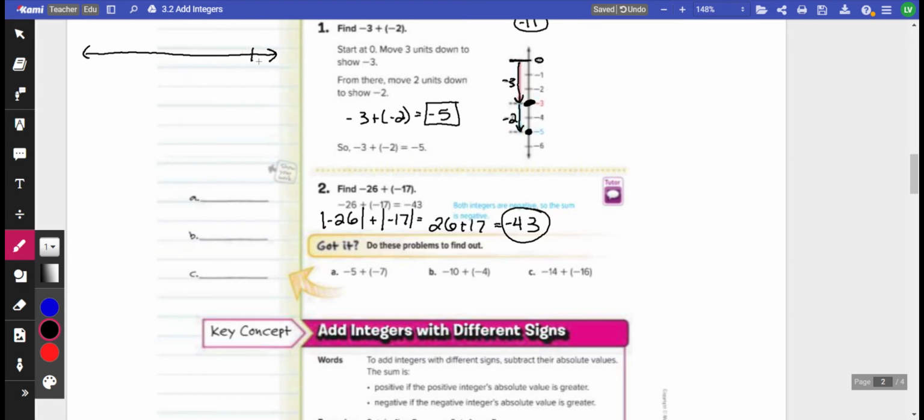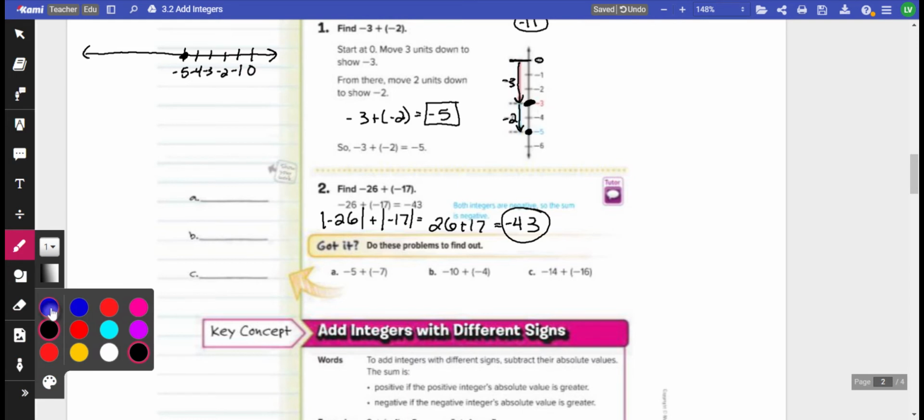And I'm going to start at the number 0. And I'm going to go to the left 5. Again, I'm going to the left 5 to indicate that I'm subtracting 5.